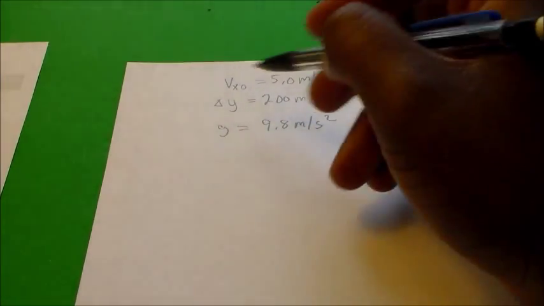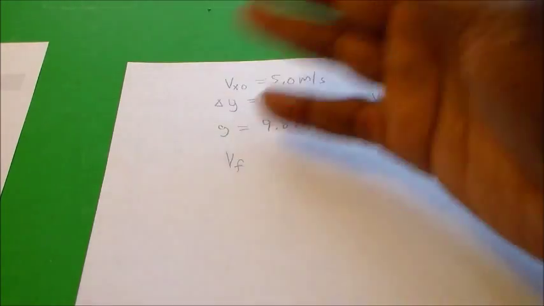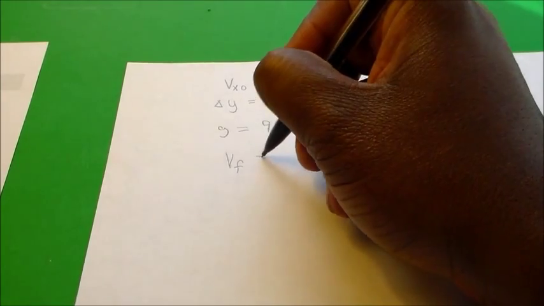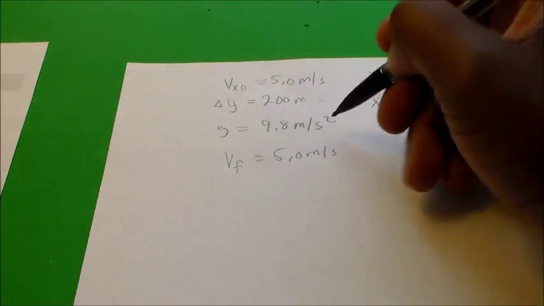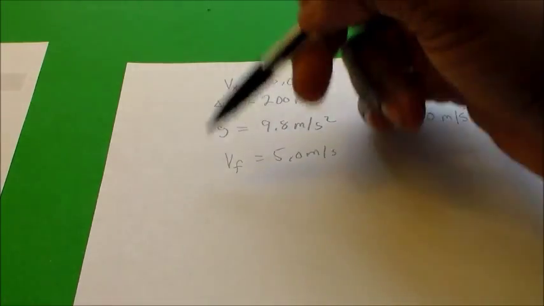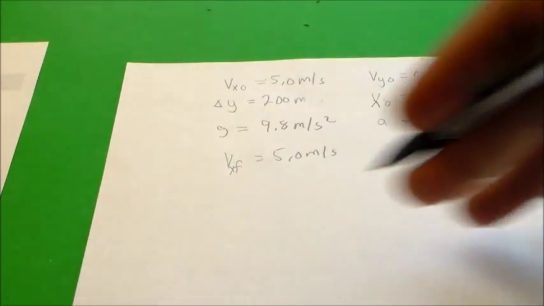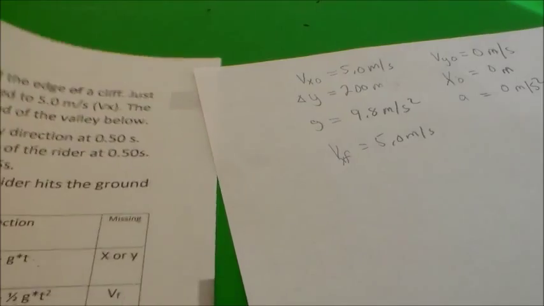What we can also say then is the rider's final velocity at any point we pick is going to be equal to 5.0 meters per second in the x direction, because the rider is not going to speed up or slow down in the x direction.